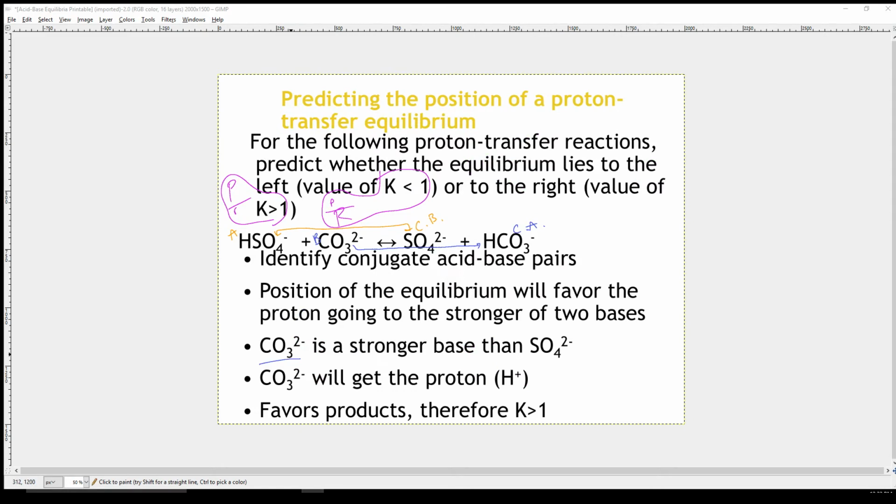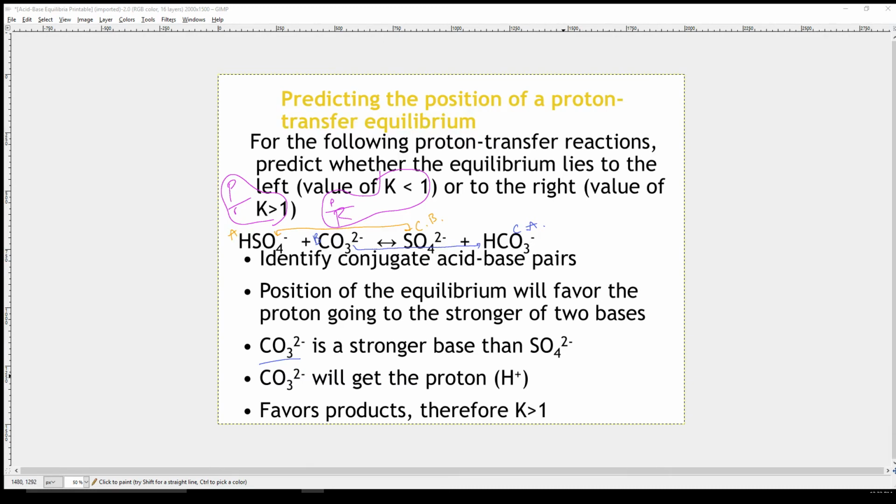So since it is a stronger base, that means that it gets the proton, yay. We want to make sure that we write these reactions such that the stronger base is in the reactants. We want the stronger base to be in the reactants.